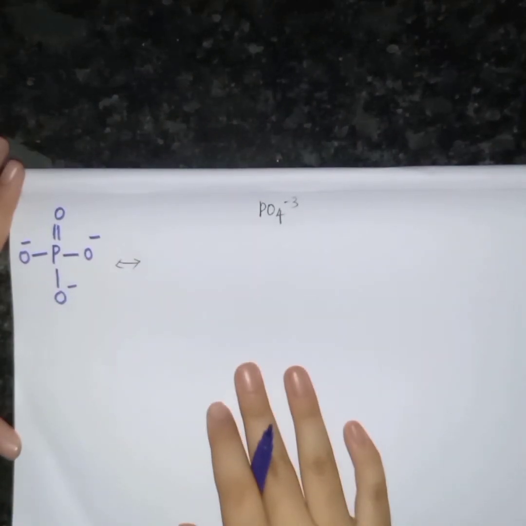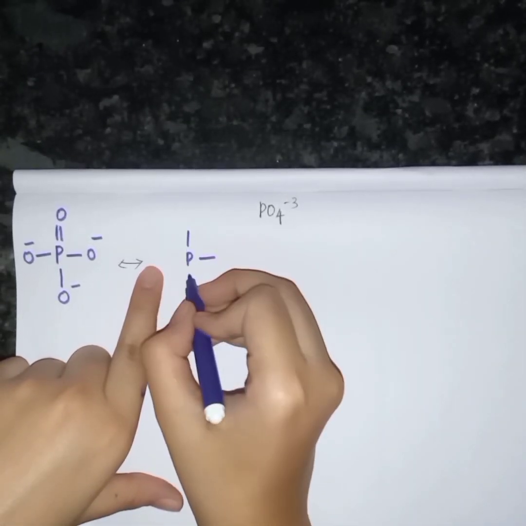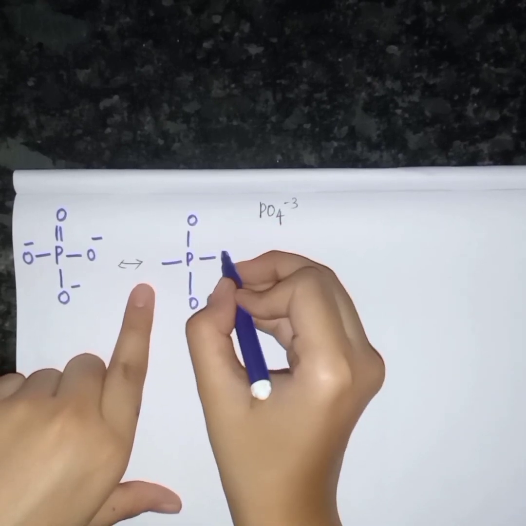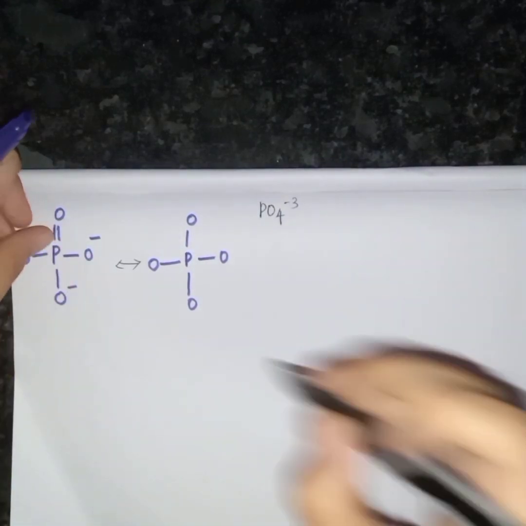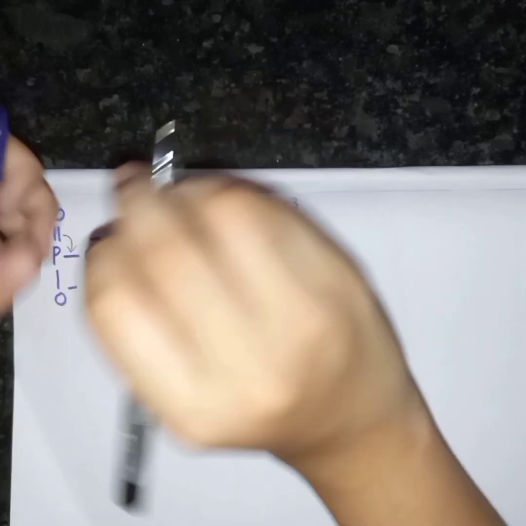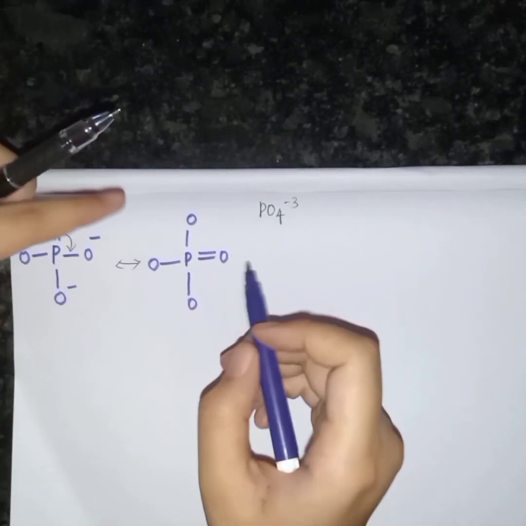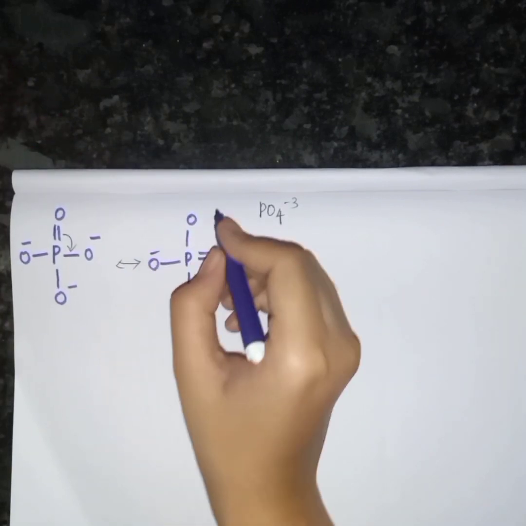The next resonating structure of PO4 3-, phosphorus is the central atom surrounded by 4 oxygen atoms. The pi bond from this position will move to this position. In the remaining 3 oxygen atoms, you have to put the negative charge.